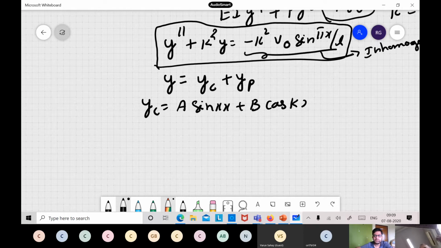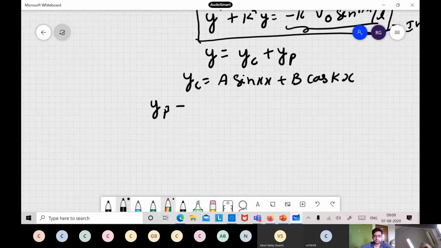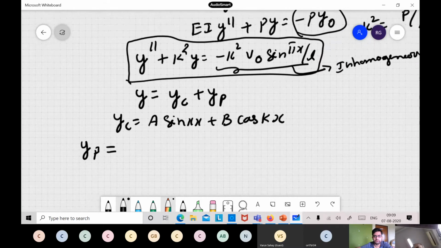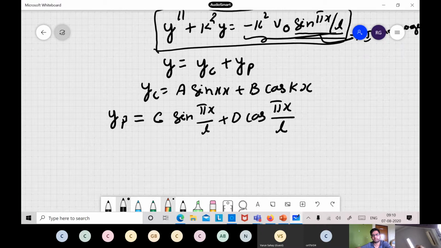Now the particular integral depends on the right hand side; based on what type of terms are there, we decide our particular integral. On the right hand side we have sine pi x by l, so for this problem we write c sine pi x by l plus d cos pi x by l. This is your particular integral.